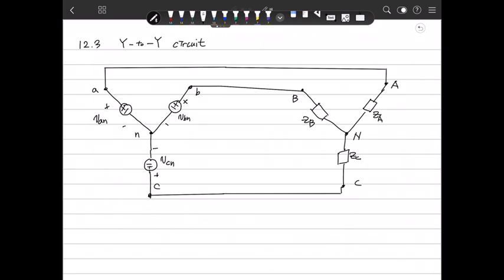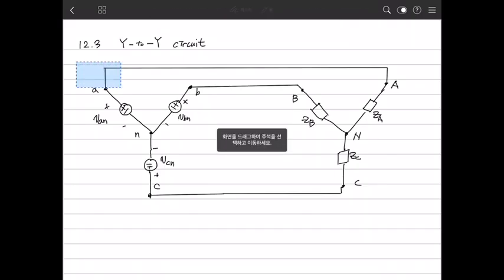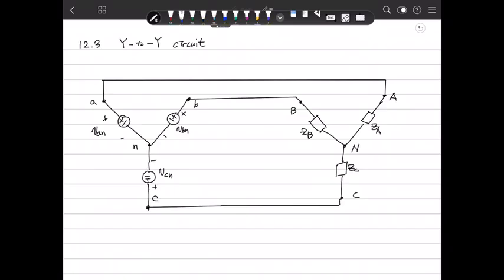So we call this system, so this system is a three-phase, three-wire system.